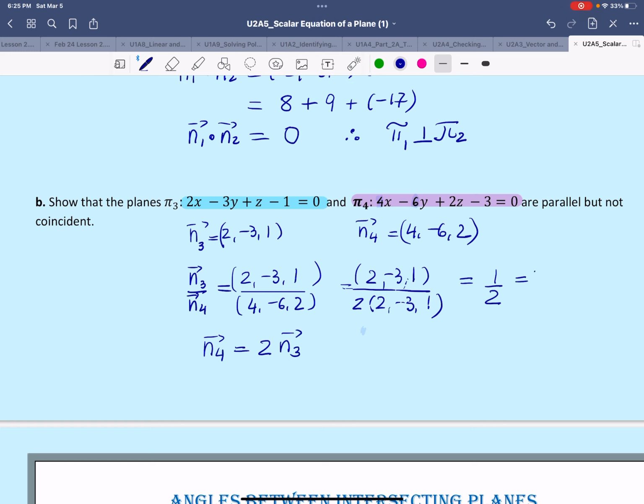So you can put it this way. Bring the vectors closer, and you can look at it by just cross multiplying. So 1 times n4 equals 2 n3. So therefore, we're going to say that the vectors, the normals, are scalar multiples of each other, which makes plane pi 3 parallel to plane pi 4.